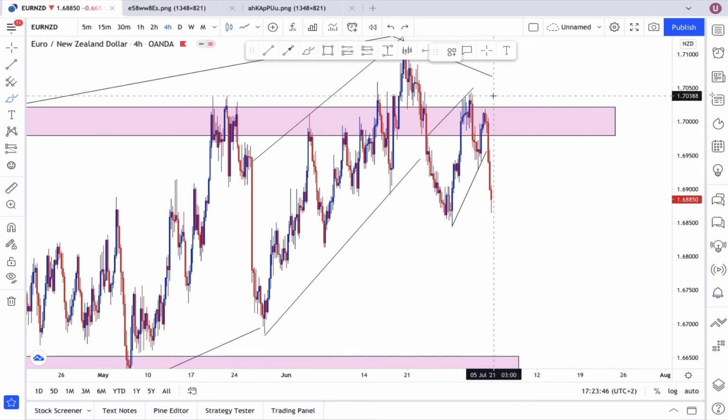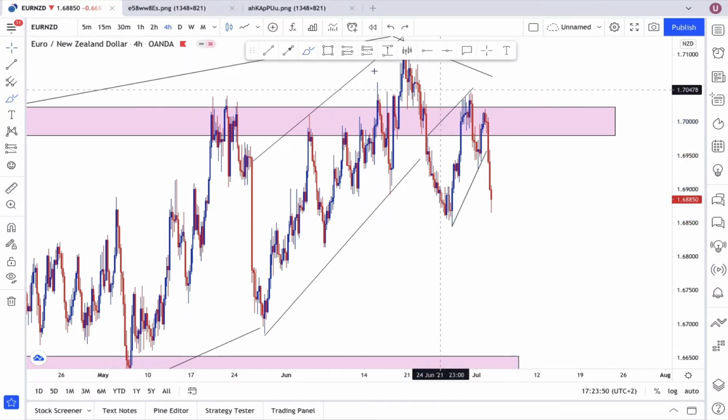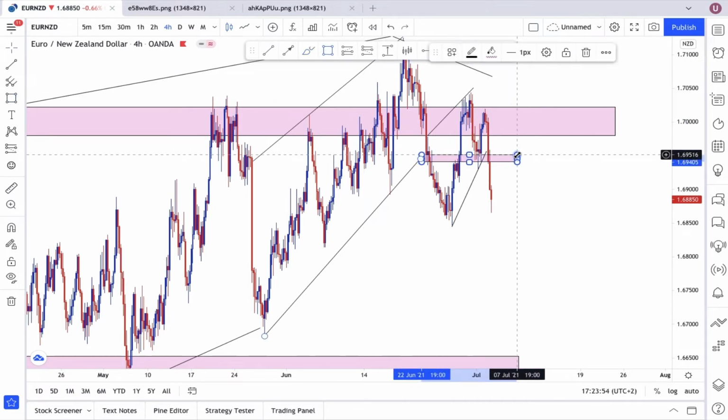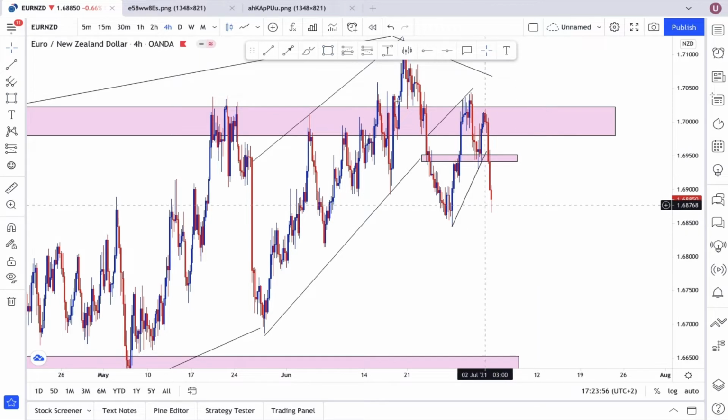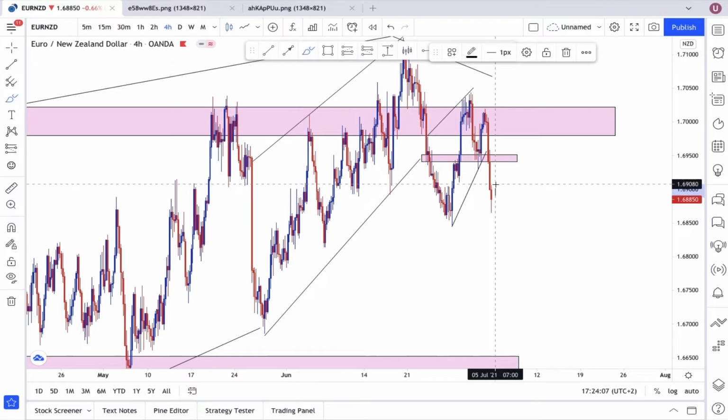If you look closely at this price action right here, you can clearly see that we have quite an important zone right there, which means this zone can actually act as our entry point. So now we can be looking for price to go back to the upside in the form of a correction or in the form of a bearish flag.